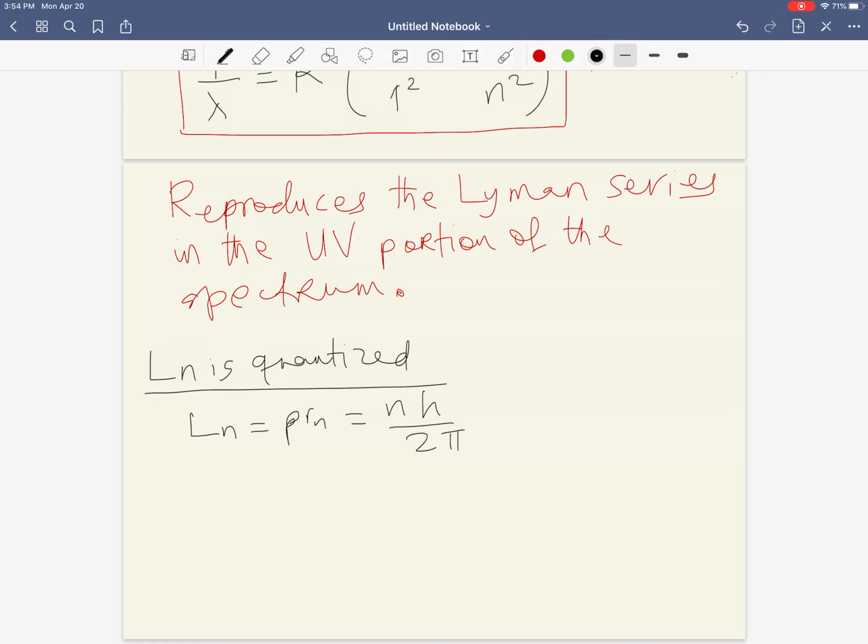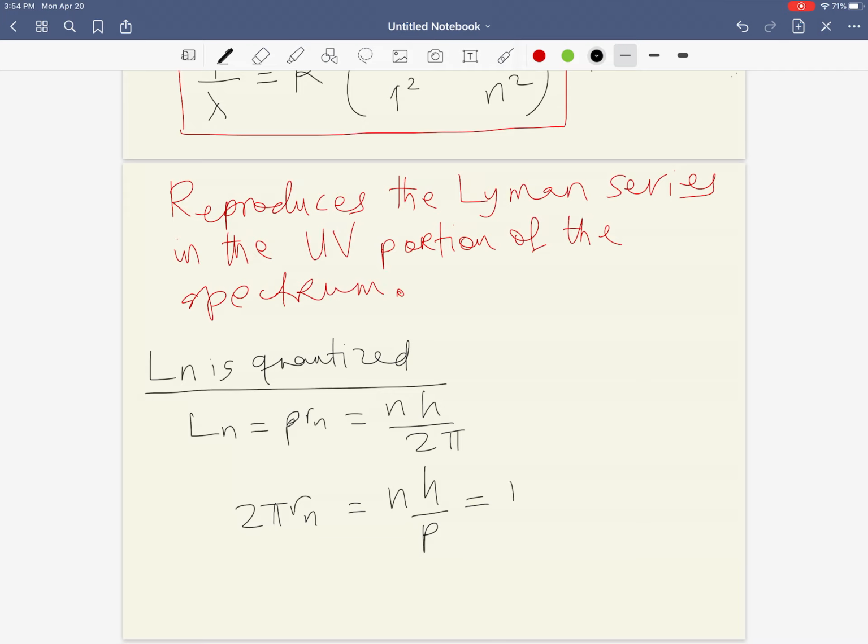Let's rewrite things in the following way. I'm going to move 2 pi here and move p down here. So when I do that, then I have 2 pi times Rn is the same as n h over the momentum. Now, you must recall from Friday's discussions that h, Planck's constant, over the momentum of a particle is the de Broglie wavelength.